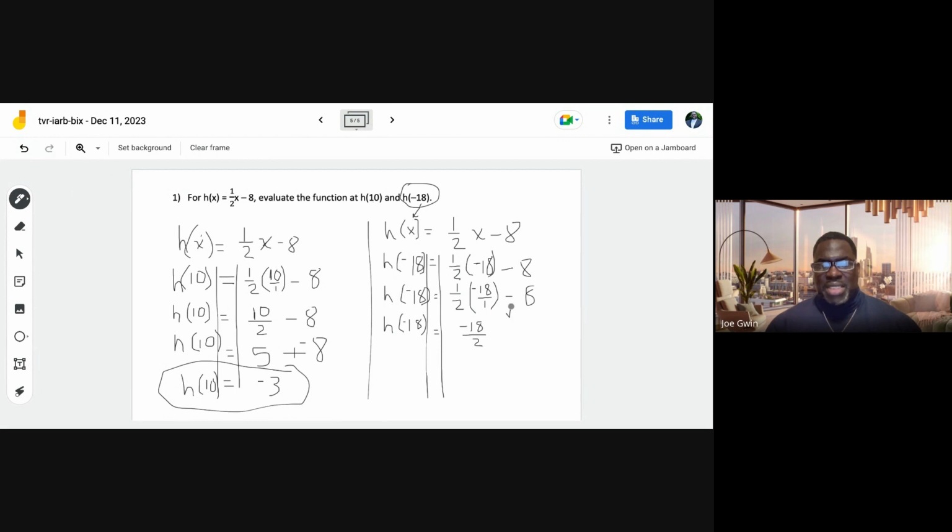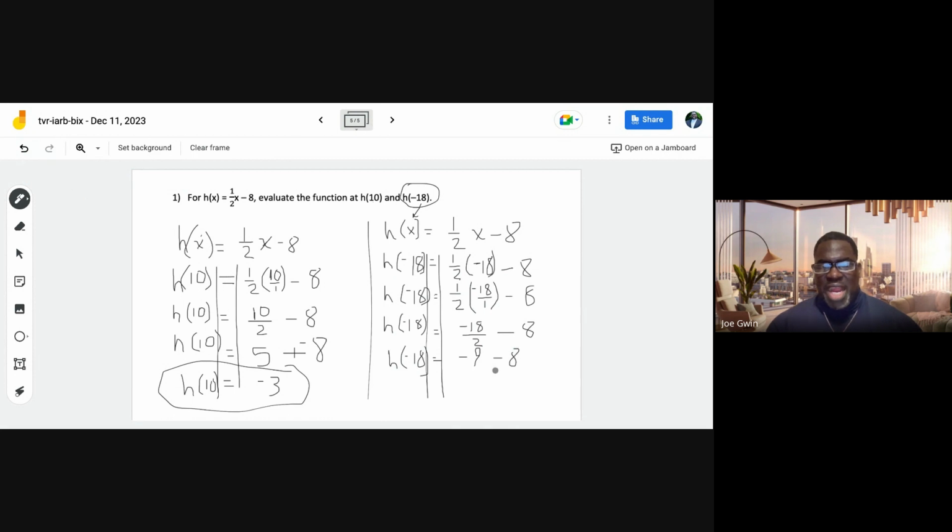And we bring down our minus sign, then we bring down this 8, right? All right, so let's keep going. h of negative 18 equals negative 18 divided by 2 is negative 9, minus 8.